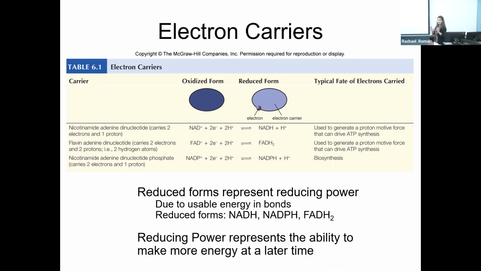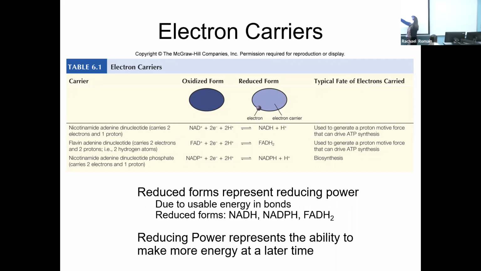It's waiting for the electron. When it gains the electrons, then it becomes the reduced form. And now it goes from NAD plus to NADH, okay? H stands for hydrogen. Hydrogen is atomic number 1. It has 1 proton, it has 1 electron.